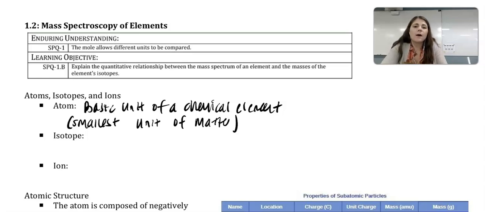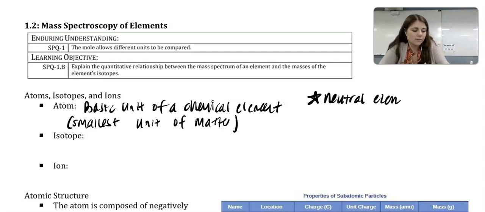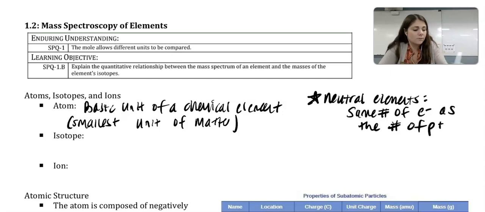And when we talk about elements from our periodic table, and before I talk about isotope and ion, generally when we look at a periodic table, we're talking about neutral elements, okay? So with neutral elements, they'll have the same number of electrons as the number of protons. Okay, because remember we have protons, neutrons, electrons, which I'll actually talk about in the next part as well.